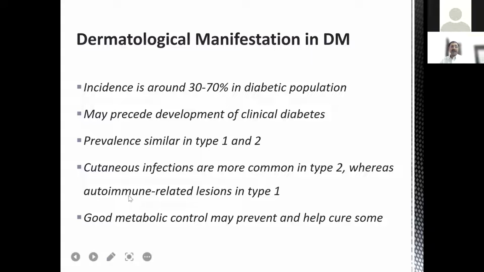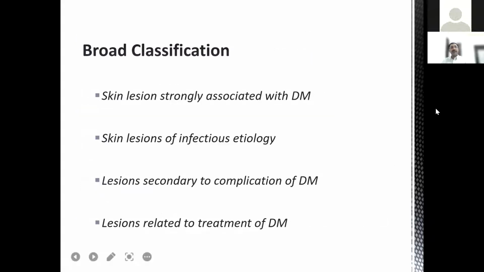Cutaneous infections are more common in type 2 diabetes, and in type 1 diabetes, autoimmune related lesions like vitiligo are very common. Good metabolic control helps in preventing and sometimes curing these diseases. So blood glucose control is very important to treat the dermatological manifestations in diabetes.